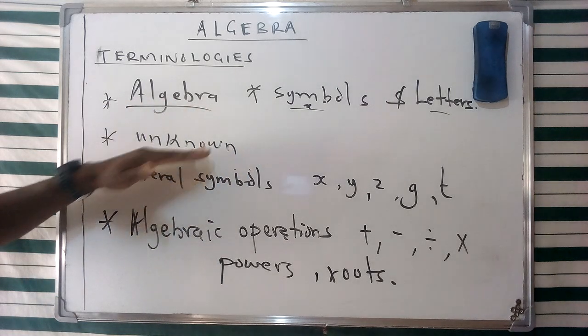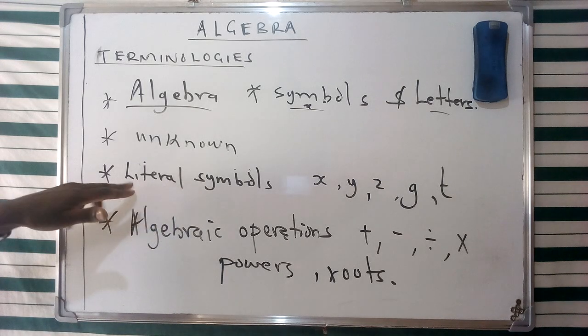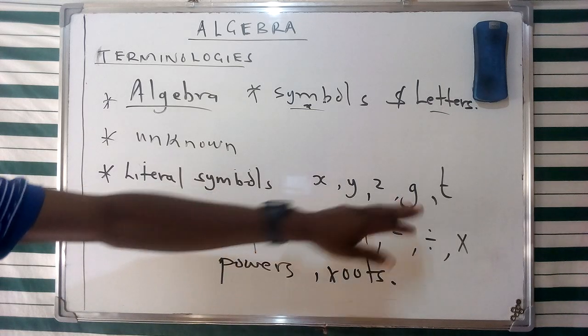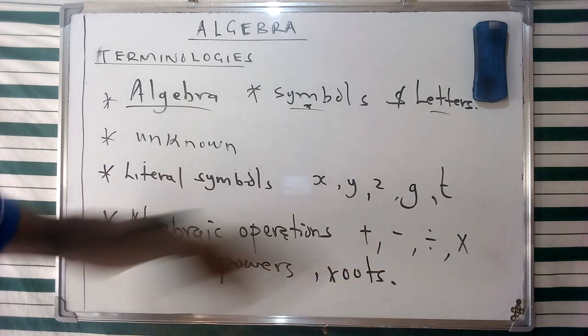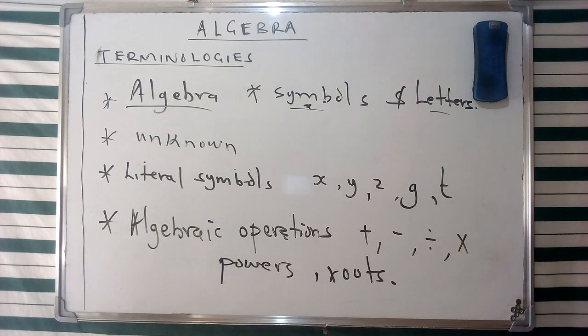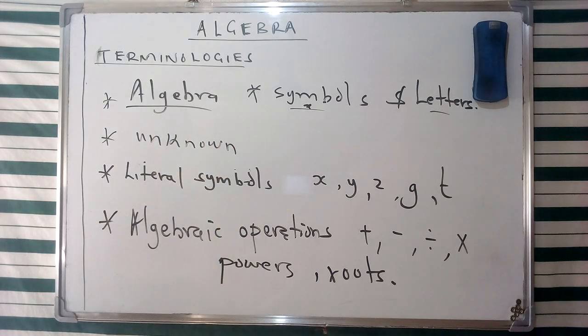So we're going to have examples of these specific symbols. One of them is the literal symbols, which are going to constitute such letters. Now, these letters are going to represent unknown real numbers. And of course, they are going to provide a convenient way of expressing the relationship between different aspects, as I've said, either in mathematics or sciences.